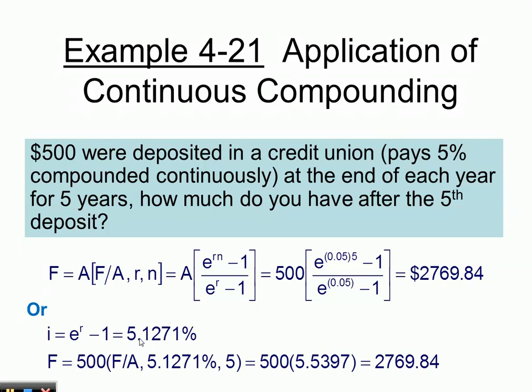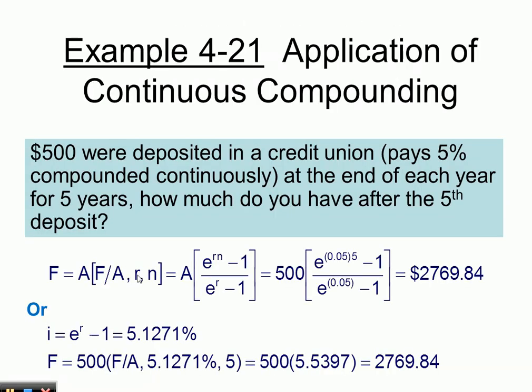We get this interest rate of 5 point something, and we plug it into this formula between F and A. It's the same exact formula, just with i instead of r. It's not continuous anymore, because we are using an effective annual rate, but it all relates to the same value, because these are just two alternative solutions.